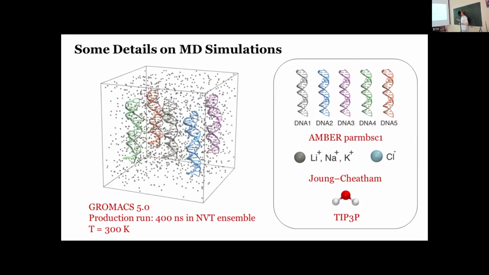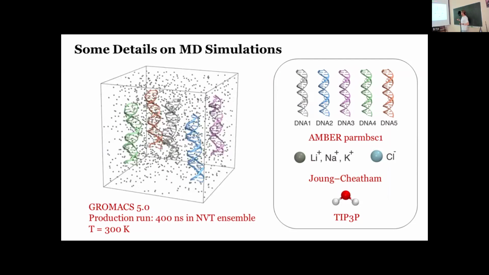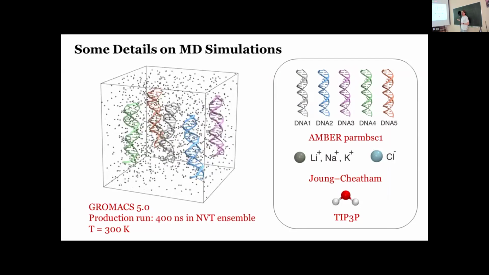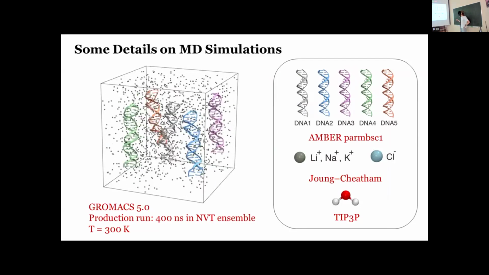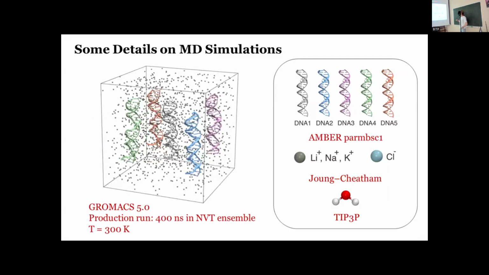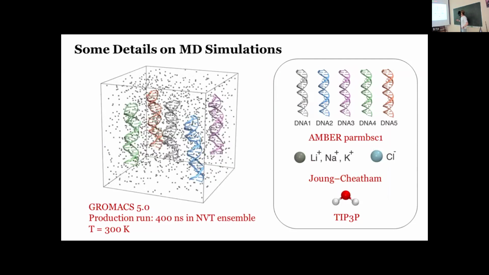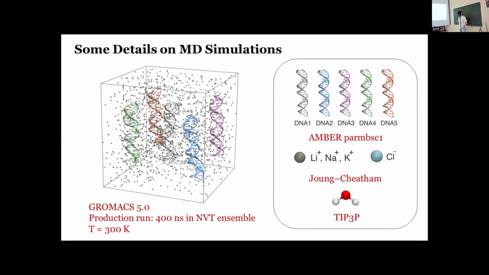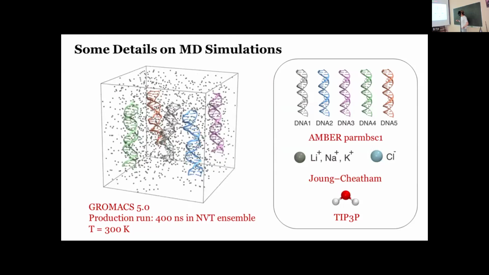So here are some details of our simulation, and I want to highlight the force fields that we used. This was the Amber Parmbsc1 for the case of DNA, which has shown good agreement with the experiment in simulations of DNA. And for the ions, we used the Joung-Cheatham parameters, I hope I pronounced it correctly, and for the model of water we used TIP3P.